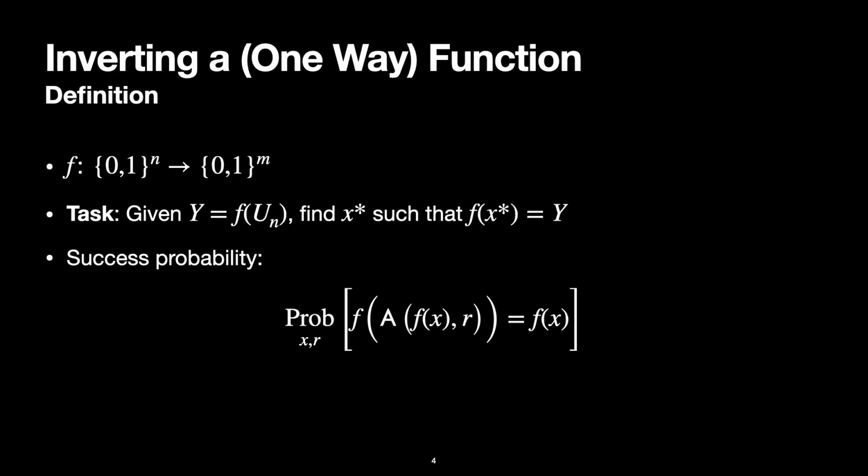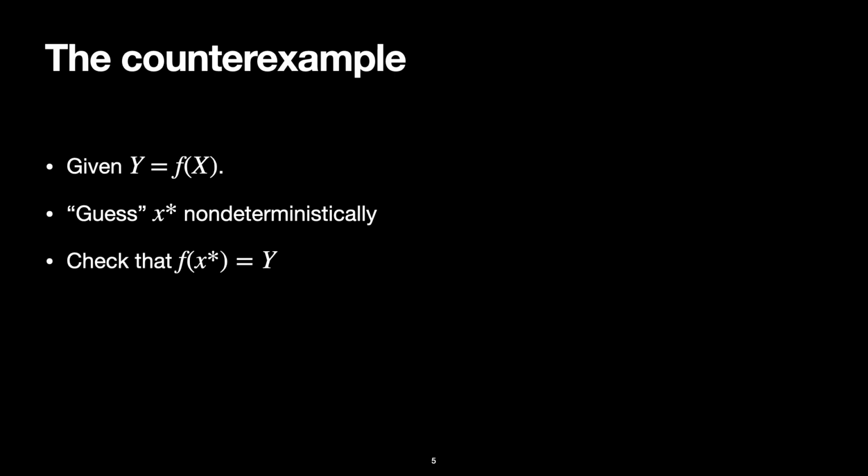Now let's think about why this would fail in a nondeterministic setting. And this will be kind of our archetypal counterexample. Given y, that is f of some x, simply nondeterministically guess x star, and then check that f of x star is equal to y.